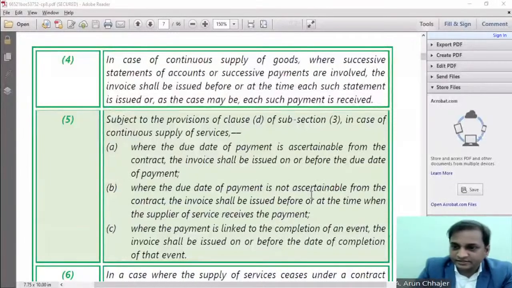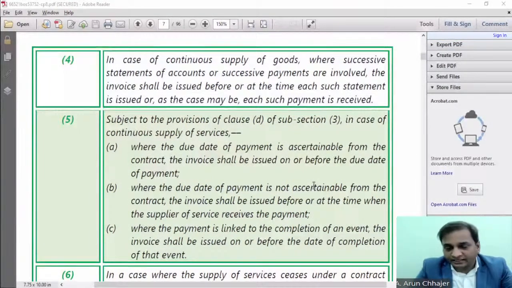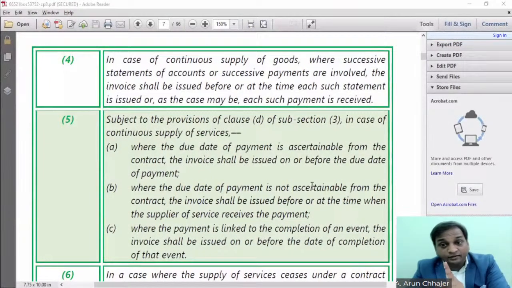So continuous supply of the goods and continuous supply of the service. We have completed what is the continuous supply of the goods and service meaning, and after that we have discussed what is the time limit to issue the invoice. For goods, what is the time limit to issue the invoice?